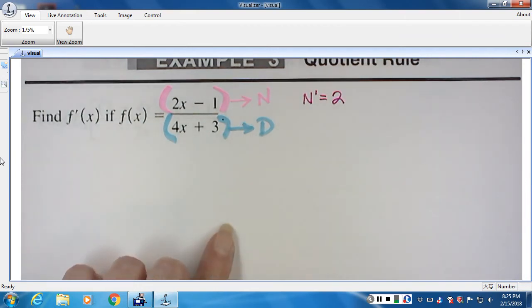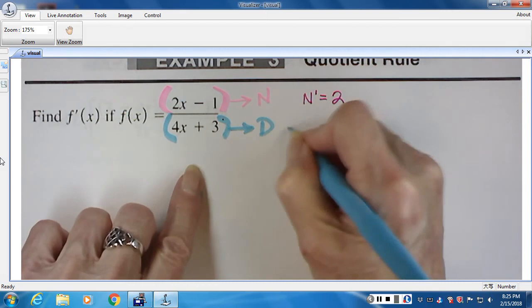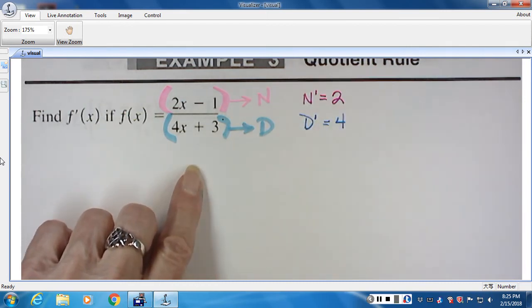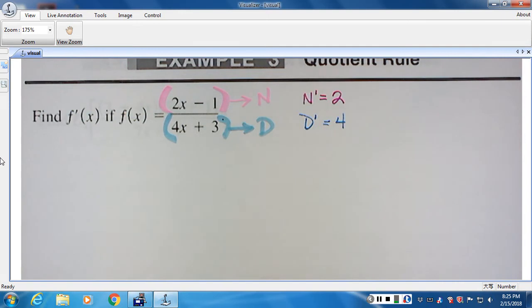You're still going to take the derivative of the denominator, which is 4. And then the way the quotient rule works, you have to be a little more careful than with the product rule, because order makes a difference. In the product rule you could have done second times derivative of the first plus first times derivative of the second. You could have swapped the two pieces back and forth because that's addition, and it doesn't matter. But this is not going to be addition. This is going to be subtraction, and order makes a difference.